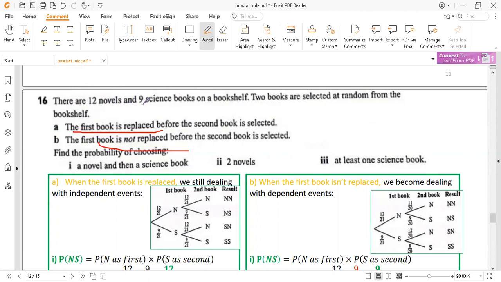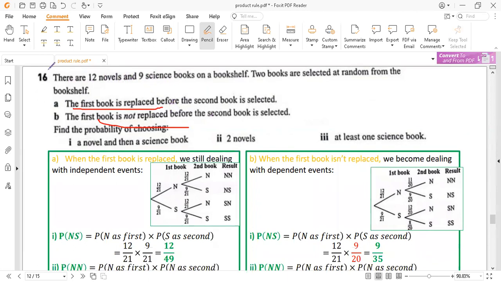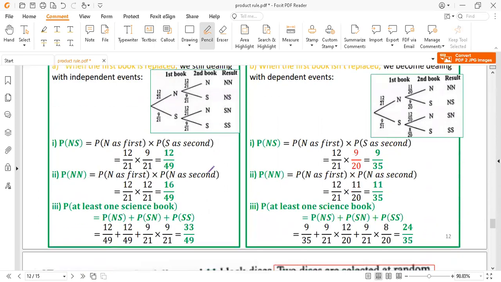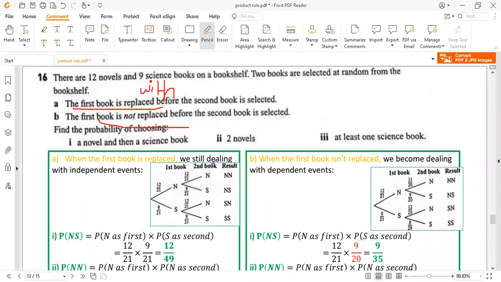There are 12 novels and 9 science books. We have in total 21. Two books are selected at random. First of all, the first book is replaced, so we have with replacement. When we talk about with replacement, nothing is different, and the whole number of books is still the same when we want to select for the second time.